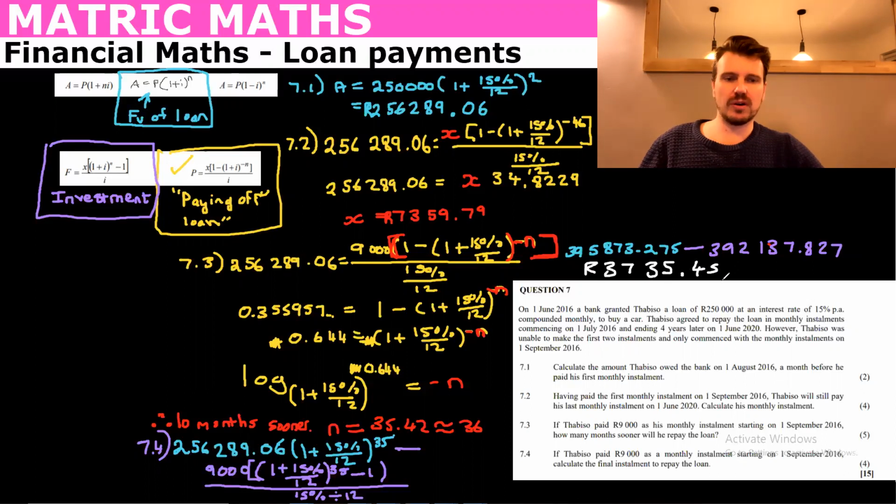Okay, now that is not the final installment because that is the value after 35 months. But of course, you're only going to pay that at the end of 36. So we need to just add interest of 1 month. So we'll just say 1 plus 15% over 12, so that's just the interest for 1 month to the power of 1. We'll just multiply that by 1 plus 15% over 12.